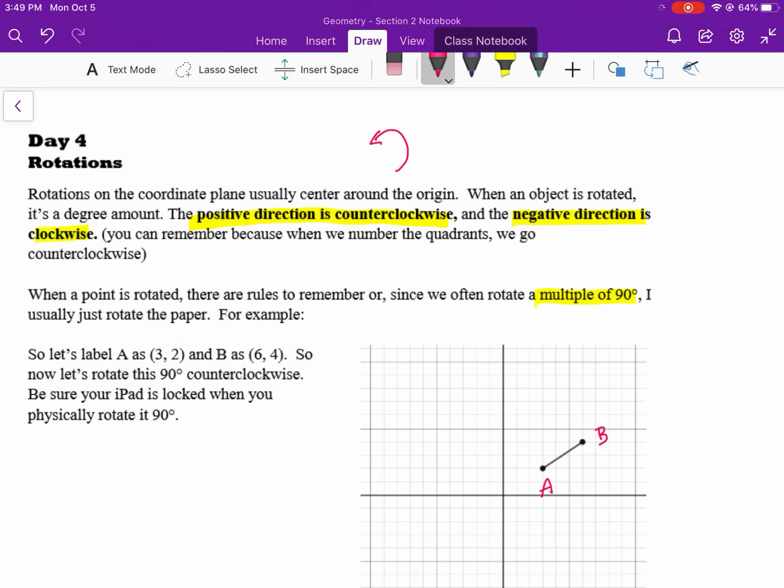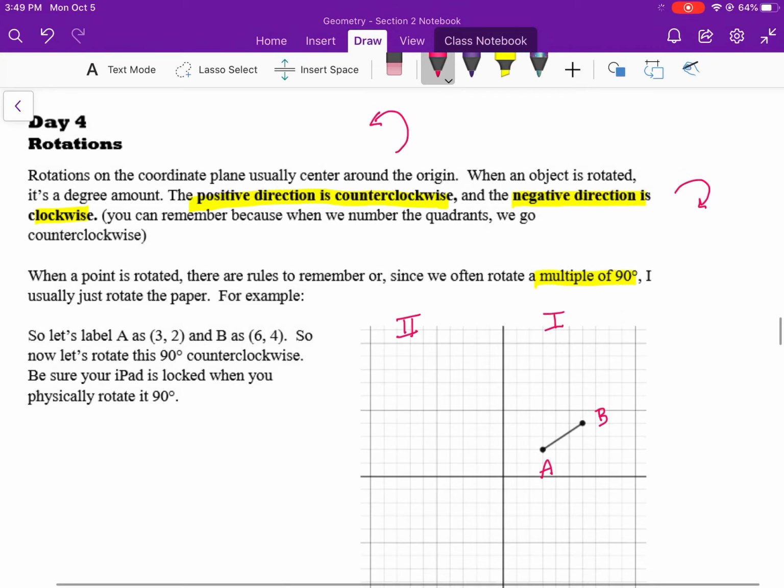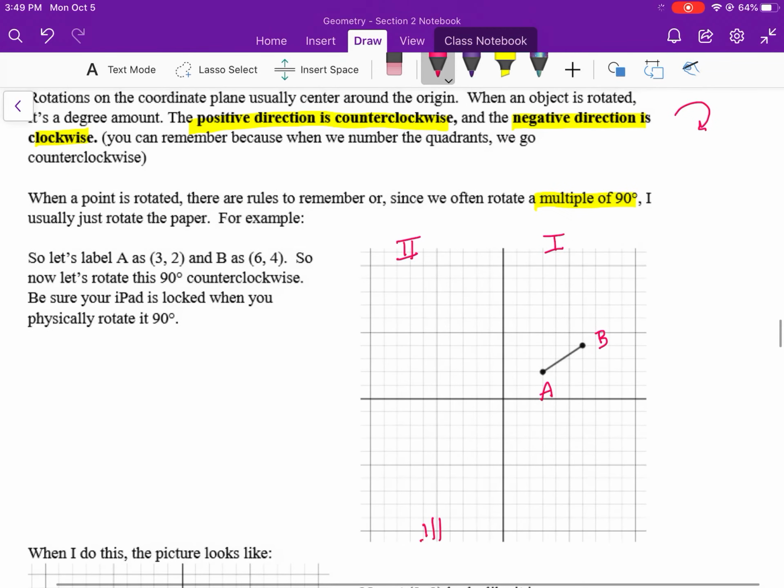Counterclockwise, remember, goes this way, opposite a clock, and clockwise goes the way the clock turns, that way. So it's just like the numbers when you number the quadrants 1, 2, 3, 4, that goes counterclockwise. That's why the positive direction is counterclockwise.